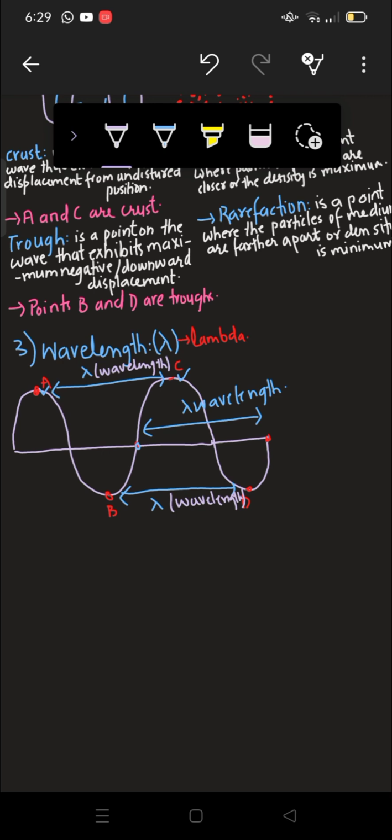Again, this is the distance from trough to trough as well, which is also the wavelength. So the wavelength can be the length of one complete wave cycle, the distance from crust to crust, or the length from trough to trough.